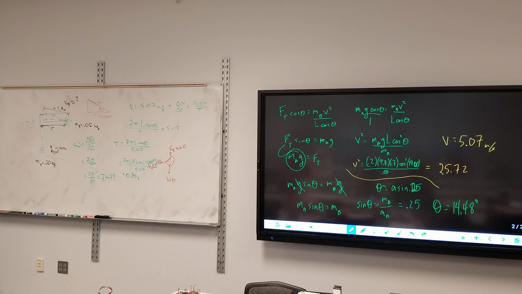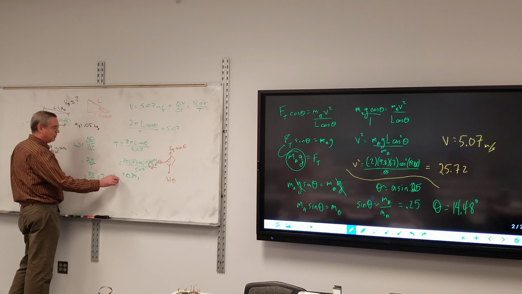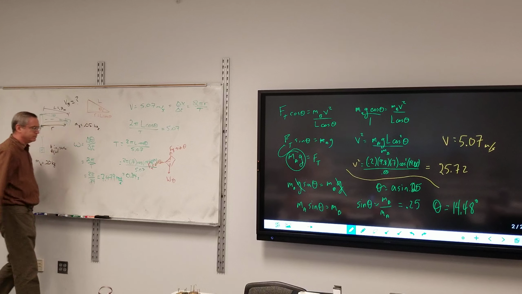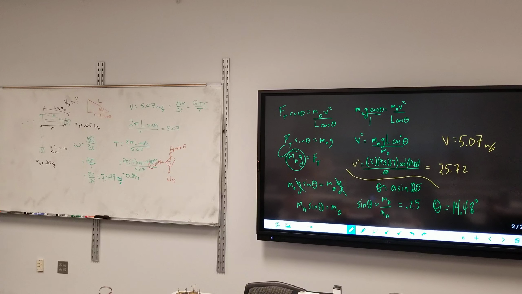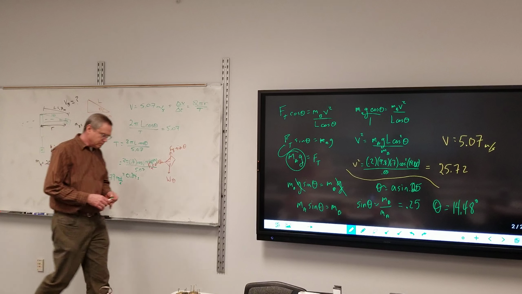Meters per second? Angles per second? Radians per second? There we go. As a group, we figured it out. It would be 7.479 radians per second.